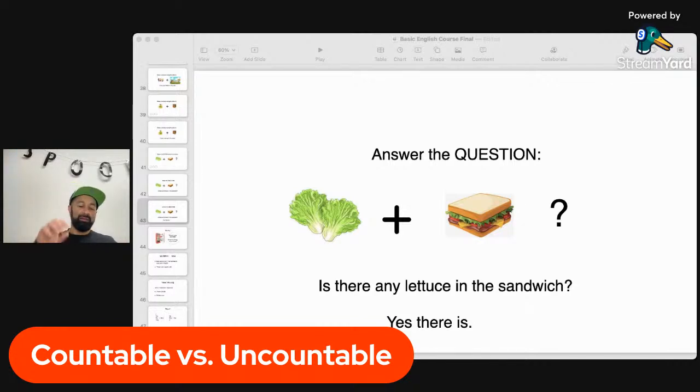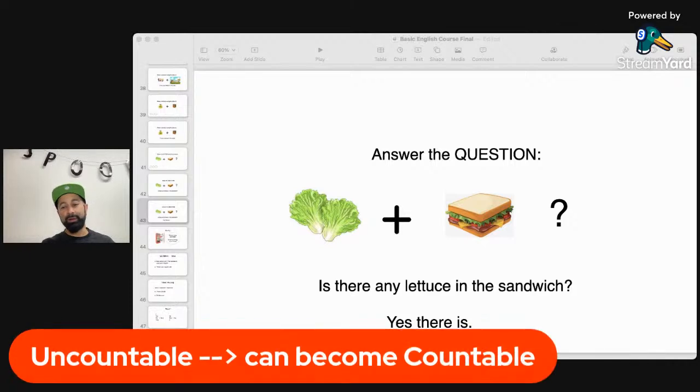Things like latte, water, milk, any liquid is going to be uncountable. And remember, any uncountable noun can become countable if we add a measure, a unit to it. So we learned that water is uncountable, but I can say a bottle of water. Lettuce is uncountable, a head of lettuce. So these can all become countable.